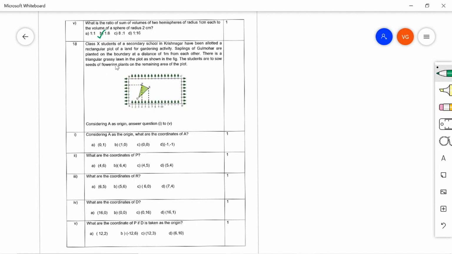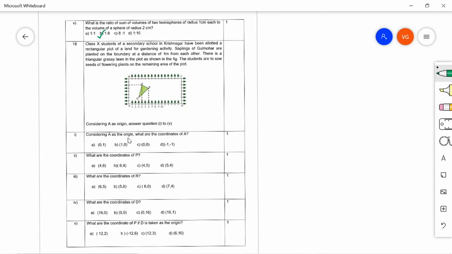There is a triangular grassy lawn in the plot as shown in the figure. The students are to sow seeds of flowering plants on the remaining area of the plot. So this is the picture they have given. Consider A as the origin. See here, this is A here. Answer the questions from 1 to 5.